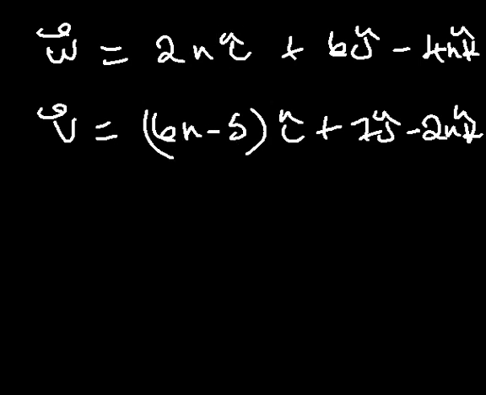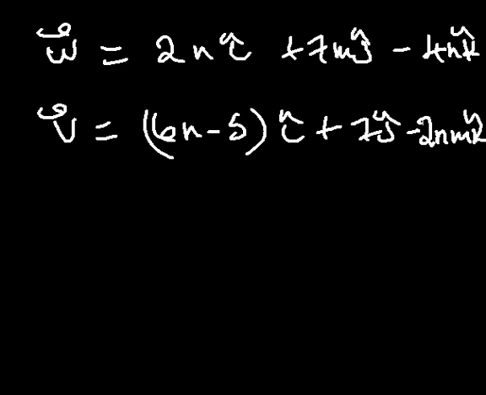Now let me have it this way as well. We should include another parameter. I should also have 7mj, and here I should have 2nm k.